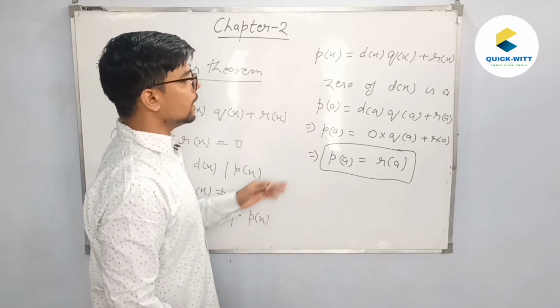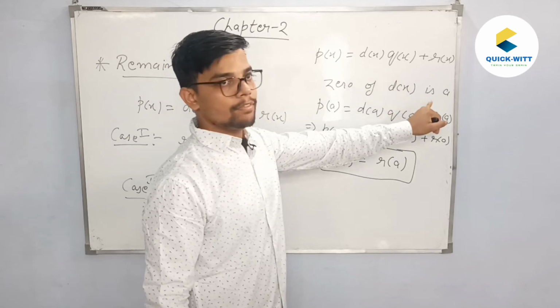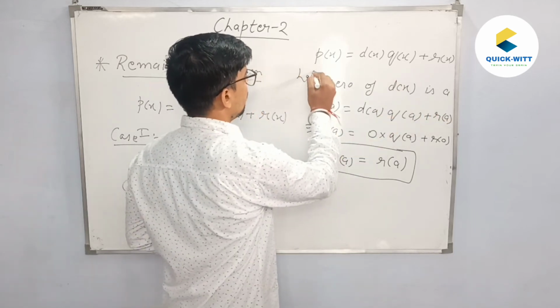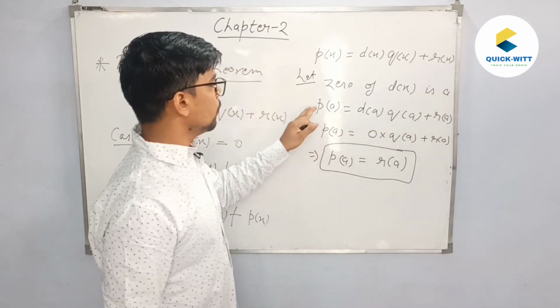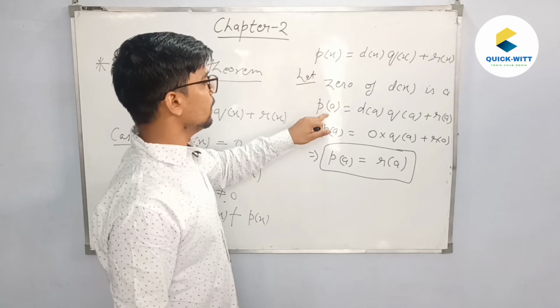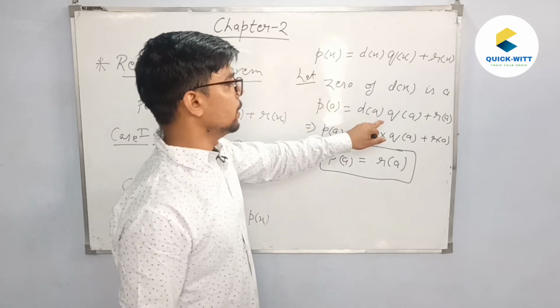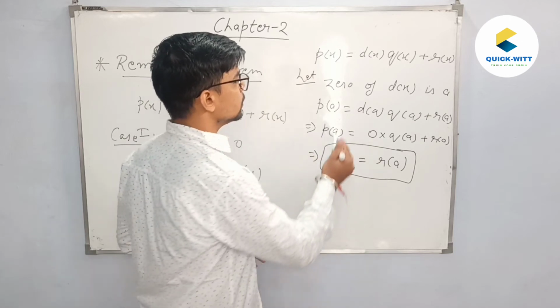Okay, how can I get this? I will take the zero of d(x) and I will let the zero of d(x) be a. So when I find the value of polynomial at point a, what will I get? P(a) equal to d(a) q(a) plus r(a). Then d(a) will be 0. Why will it be 0?